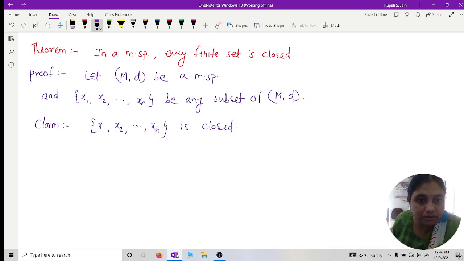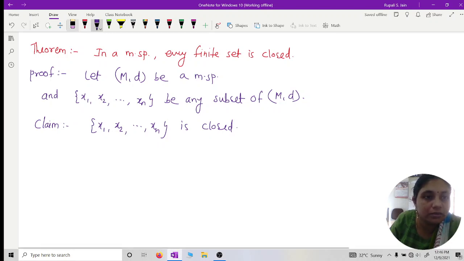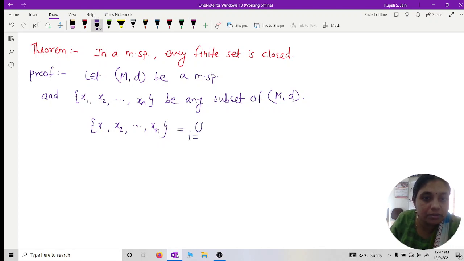We know that if it is a finite set, it can be written as a union of singleton sets, which is nothing but the union for i equal to 1 to n of {xi}.